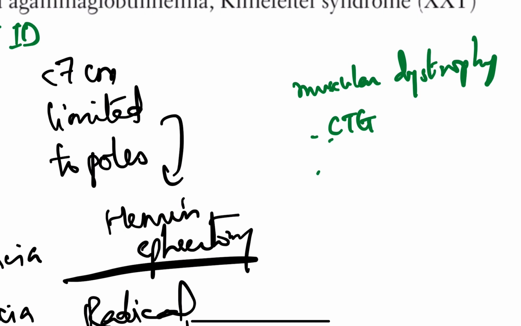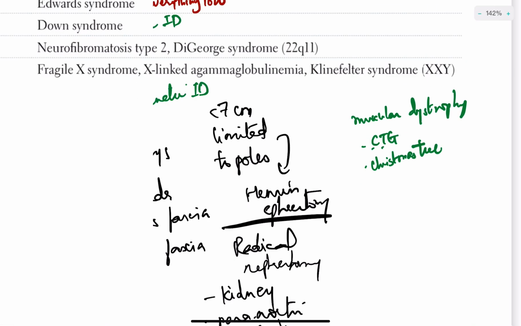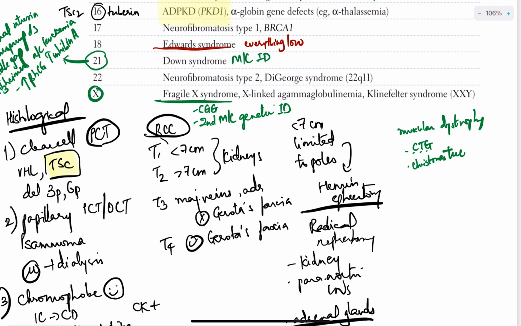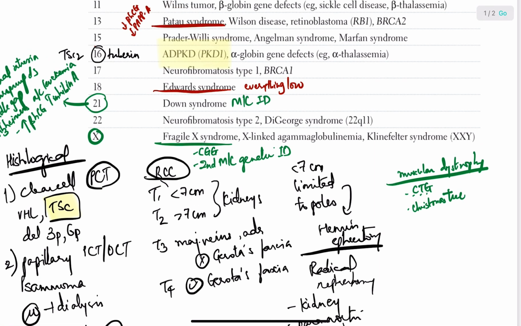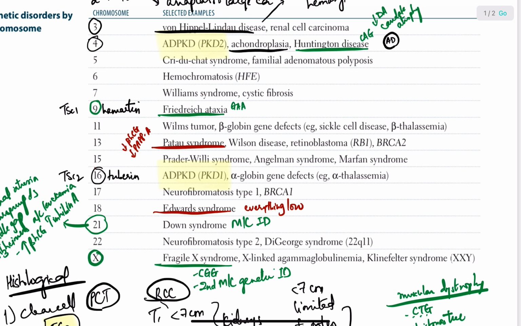So there's going to be cataracts, there's going to be tone defects. And cataract is going to be Christmas tree cataract, right? Christmas tree cataract, right? And other problems. So that is muscular dystrophy. That is the next trinucleotide repeat.